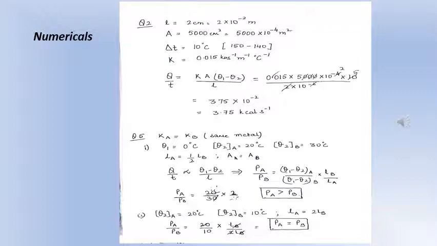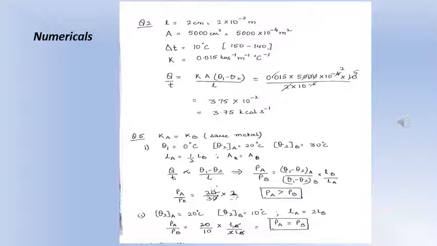So the rate of transmission of heat, if you see, will now depend upon the difference in the temperatures divided by L. So the difference in temperature for A is 20 degrees Celsius, while for B it is 30 degrees Celsius. I've used P as the symbol for rate of transmission of heat. So PA upon PB comes out as 4:3. Therefore, the rate of transmission for A is greater than the rate of transmission for B.